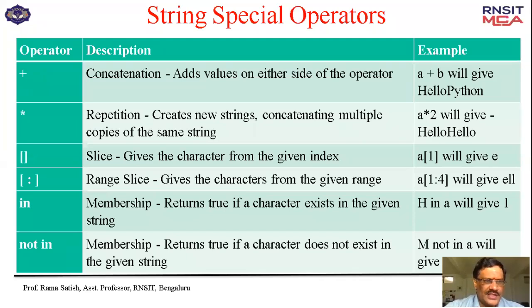We also discussed the slice operator, the square bracket with the range and double colon, and the membership operators, in and not in. These are the operators we have already discussed.